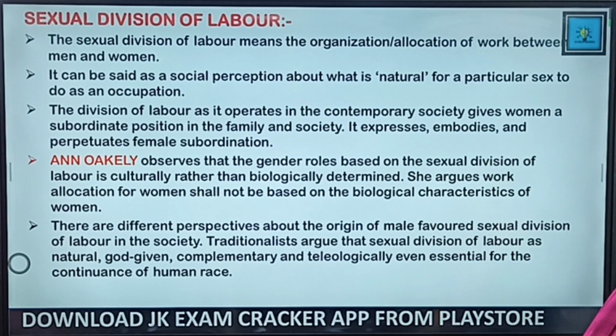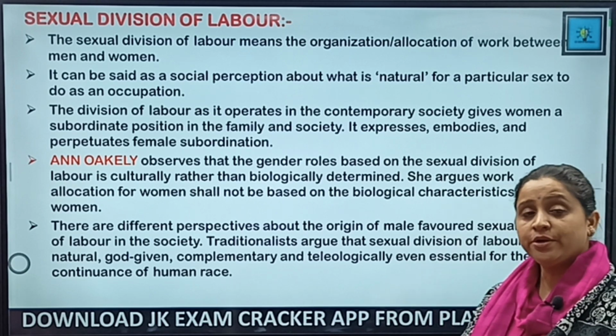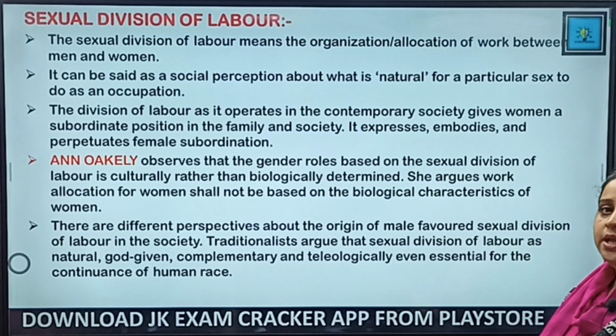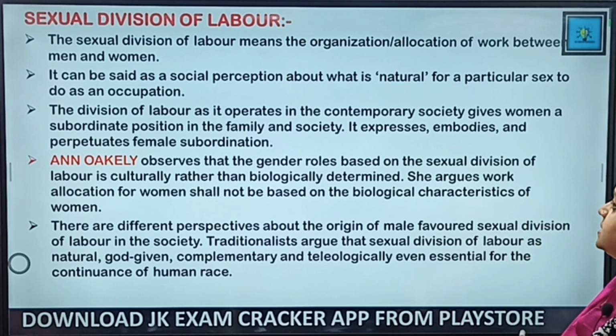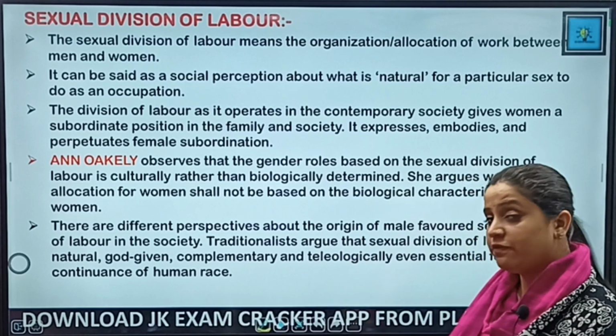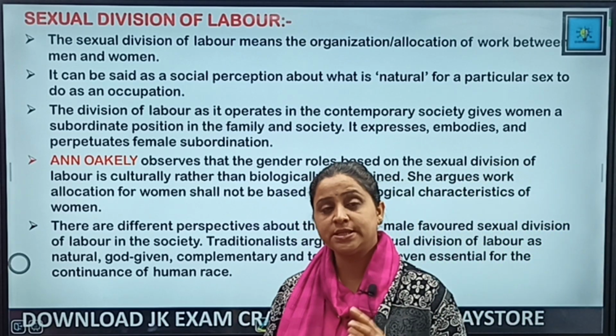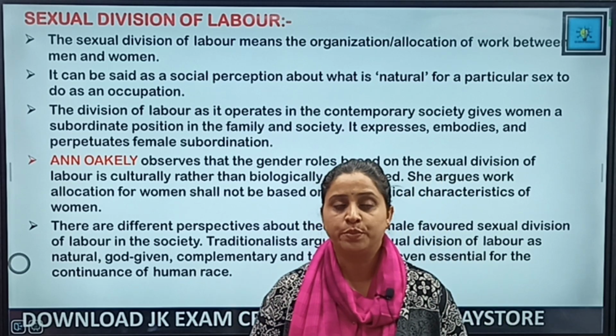Well, sexual division of labor. We understood what gender roles or gender role division is, that is, the roles on the basis of one's gender. What is sexual division of labor? First of all, what is division of labor? Division of labor is a process by which work is divided among the members of a group.